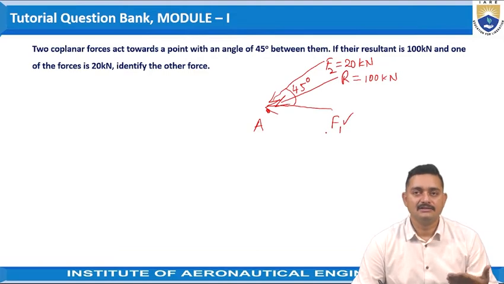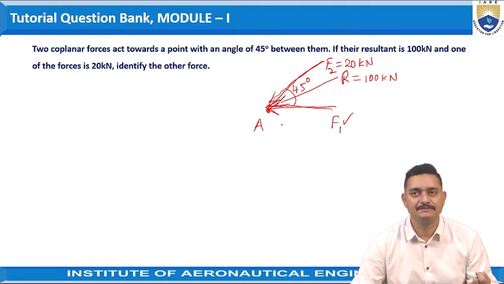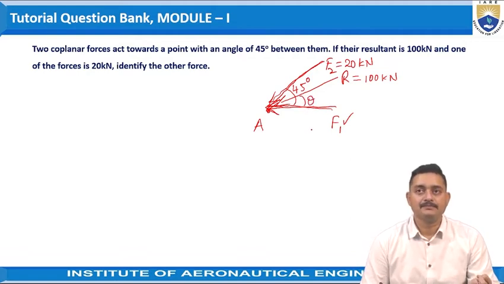So here, as per the problem, we can say that the force F1 is acting horizontally, and at a 45 degrees inclination, the other force F2, that is 20 kilonewtons, is acting. And the inclination of the resultant, let us consider it as theta. So now let us start the problem.